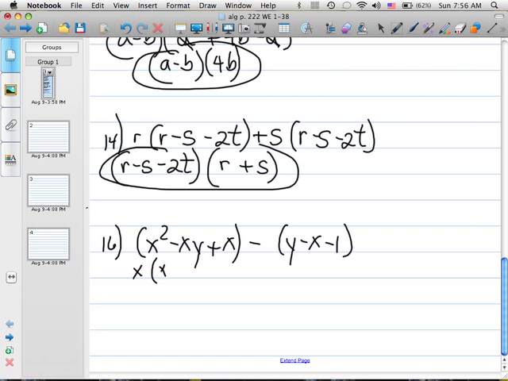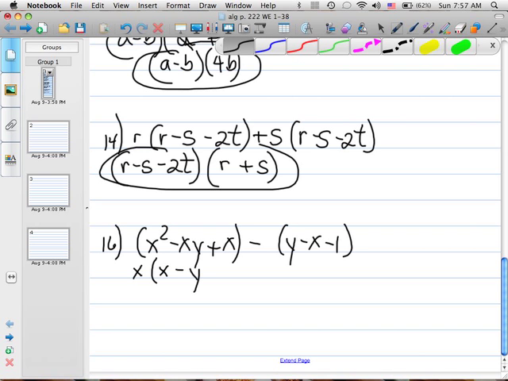So take out the x and we have, excuse me, we don't have x squared. We have x minus y plus 1. And what's understood to be here is a minus 1 out in front, because we need something there.